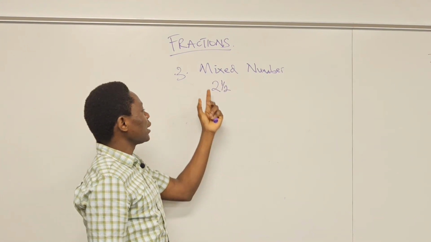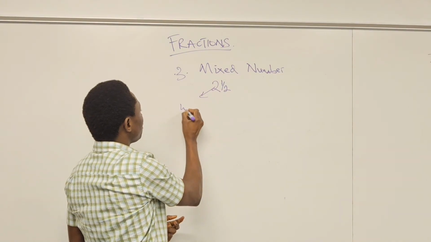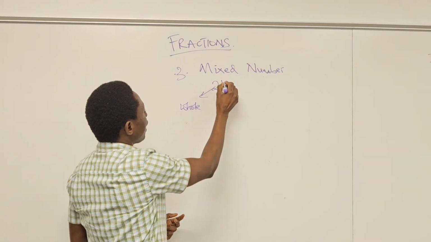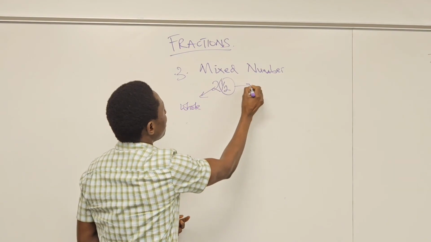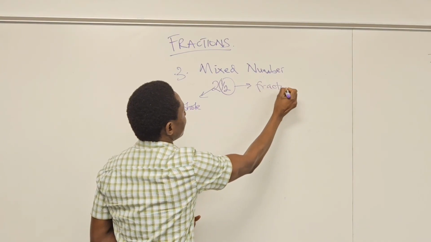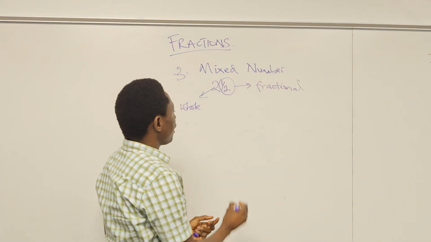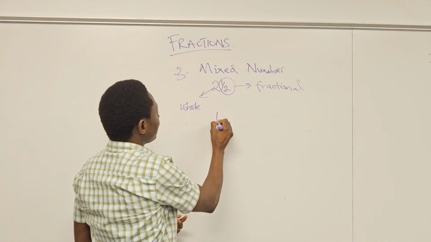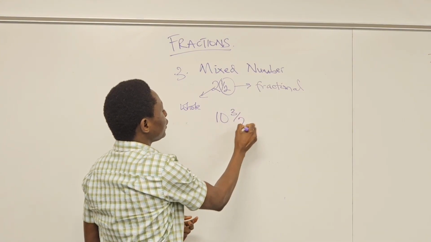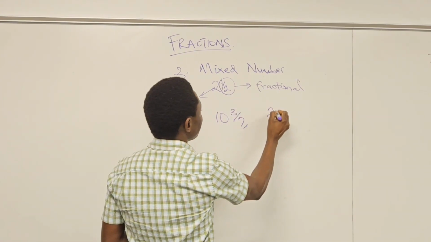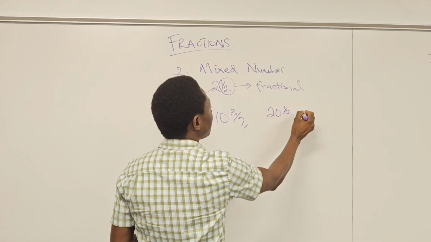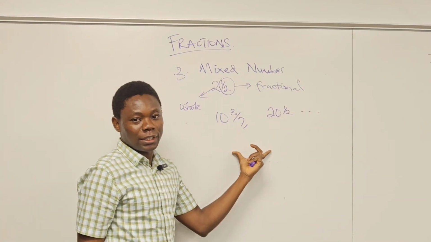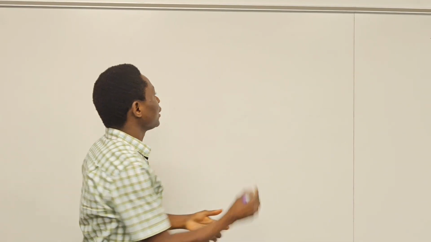This is a mixed number because it has a whole part and then it has a fractional part. We can have something like 10 whole number 3 over 7, or 20 whole number 1 over 2, etc. These are mixed numbers.